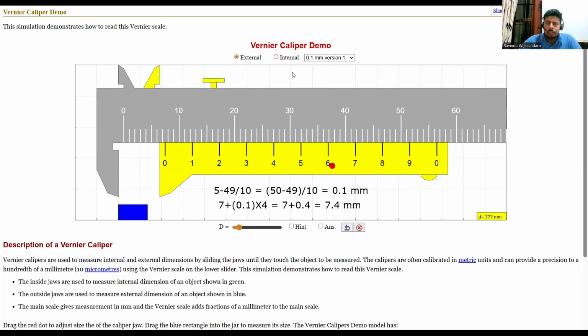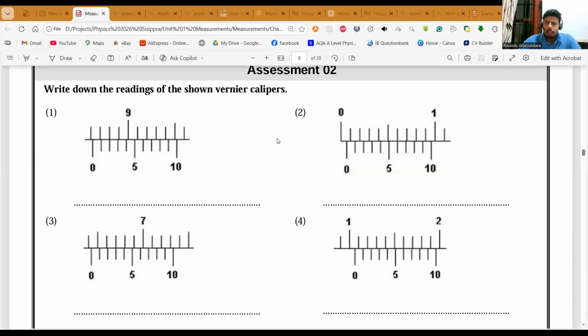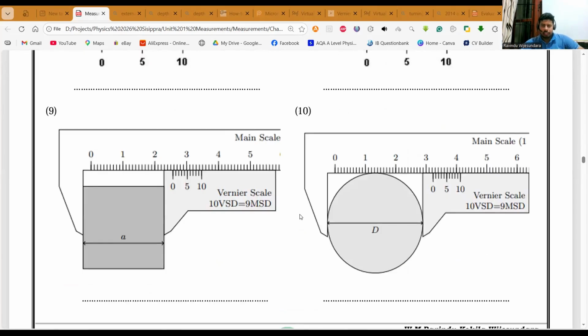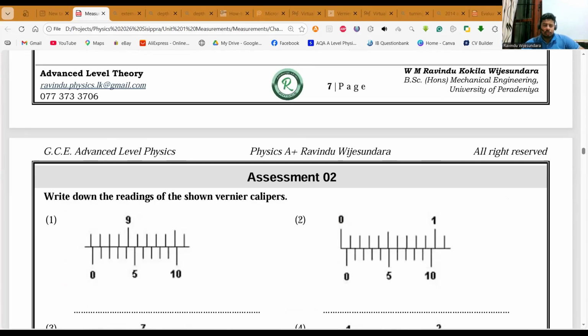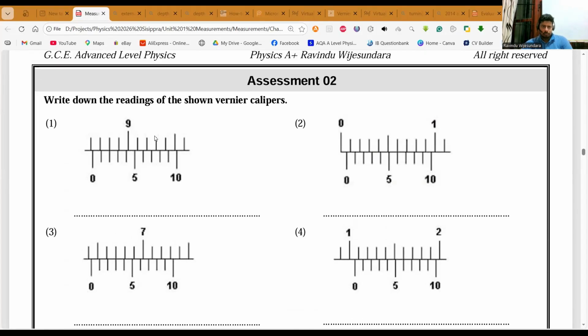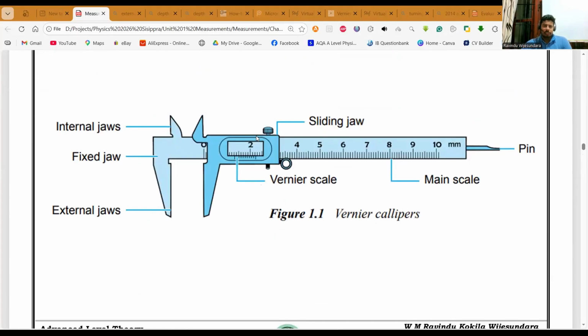Now we will go into the examples in the tutorial. Quickly go with me. For all the vernier calipers given here, the least count is actually 0.1 because this is the normal laboratory vernier caliper, the usual one that you can see.